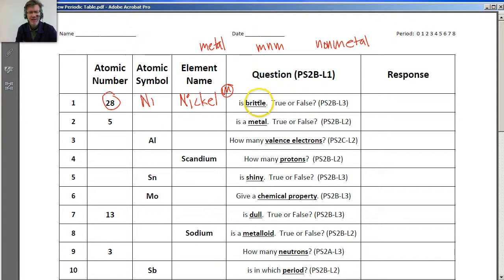All those are properties of metals. And the opposites of those, so being not ductile, being not malleable, so brittle, those are the properties of nonmetals. So this is a property of a nonmetal. So nickel, metal, is brittle? False. And you know what I might do is I might circle it just to be quicker, so that's false.